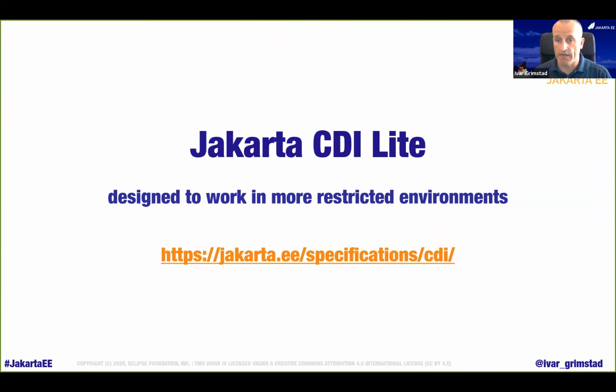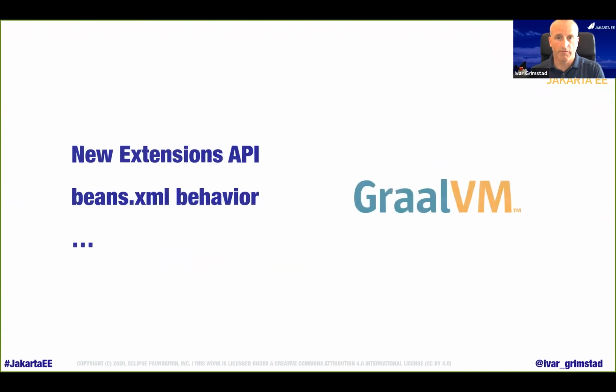And the information about CDI Lite you can find under the CDI project, which is on jakarta.ee/specification/cdi, and there you can find all the information about the GitHub repos and the plans forward. So some of the things they are doing is to create a new extensions API, because one of the central things of CDI is the portable extensions.